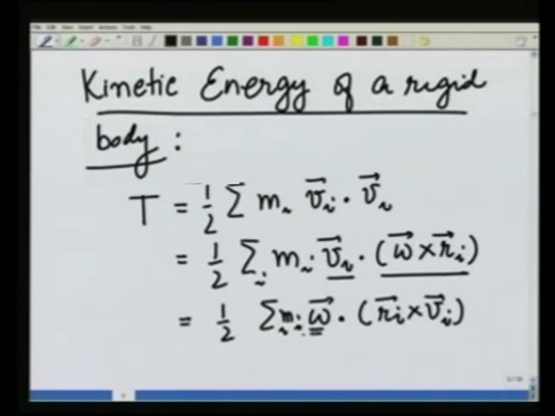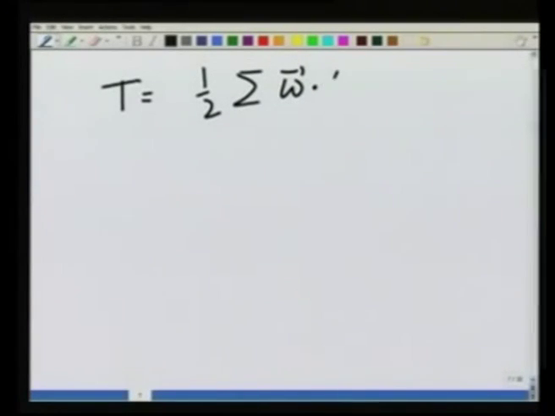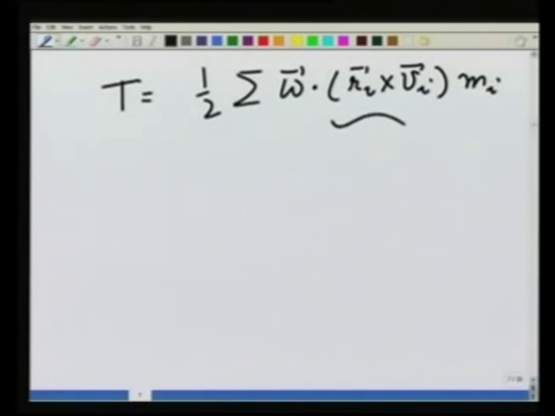Since omega is constant, summation mi ri cross vi is L. This comes out to be 1/2 omega dot L.